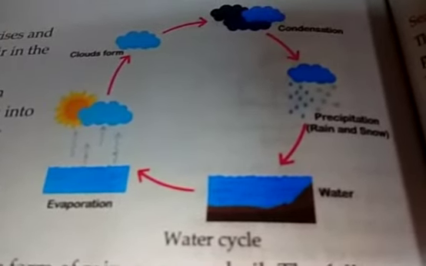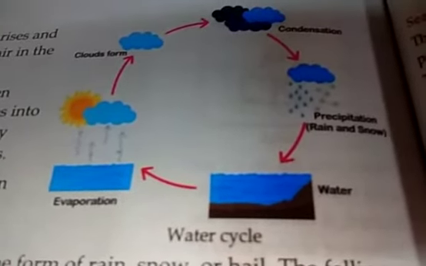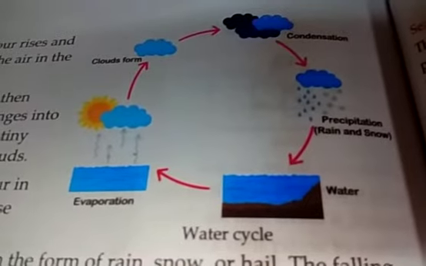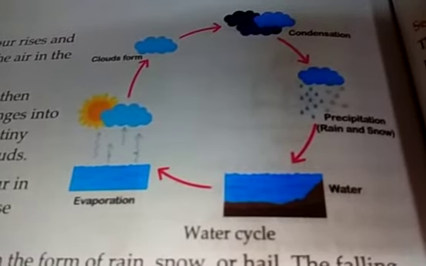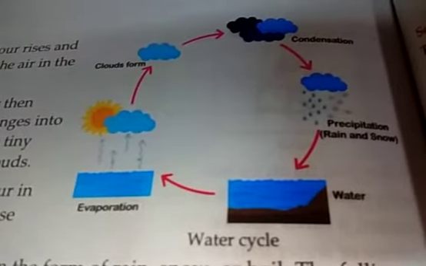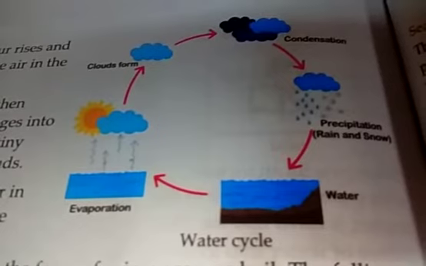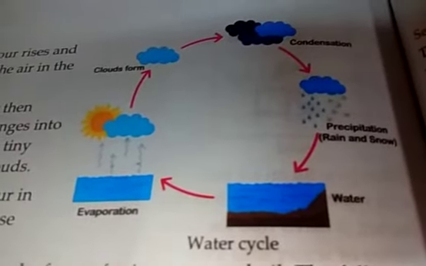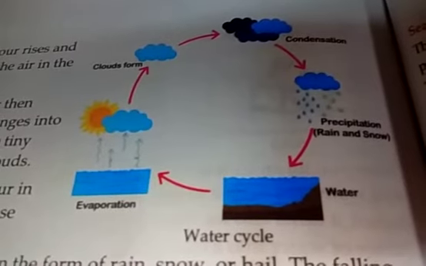Due to heat of the sun, the water from lakes, seas, oceans and rivers evaporates to form water vapor. The water vapor rises and mixes with the air in the atmosphere. The water vapor then condenses and changes into tiny droplets. These tiny droplets form the clouds.